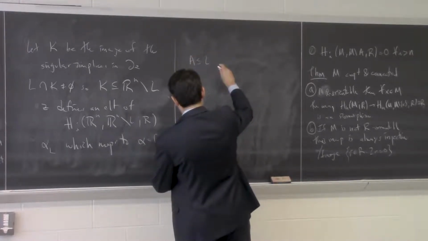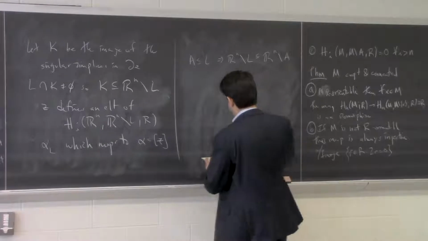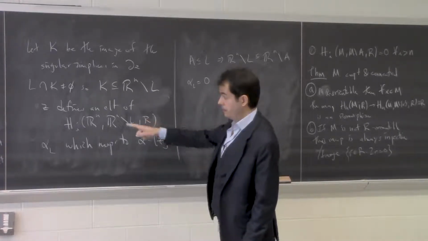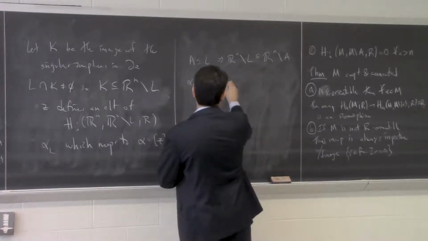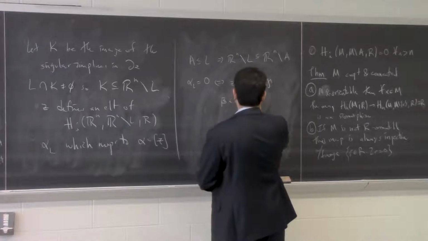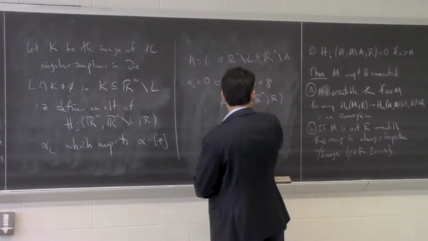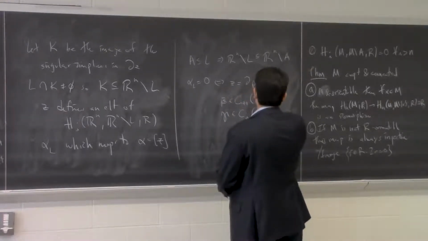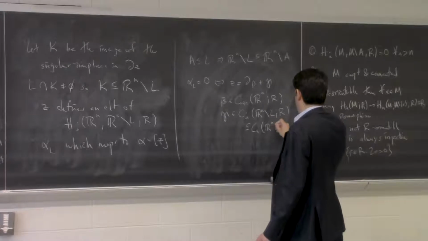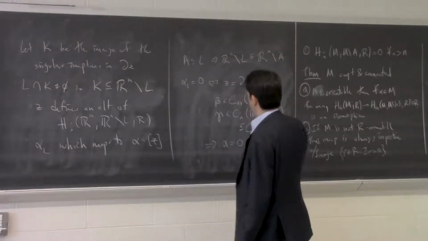Okay. So, since A is inside L, Rn minus L is inside Rn minus A. So, if this alpha L is equal to 0, then by the same relative description, this tells us that Z is actually equal to boundary beta plus gamma, where beta is a chain in Rn, and gamma is a chain in Rn minus L, which is contained in the chains in Rn minus A, which would imply alpha equal to 0.